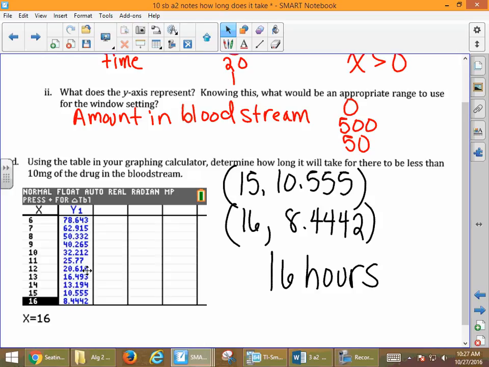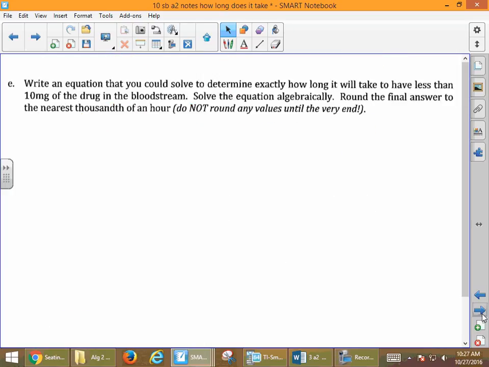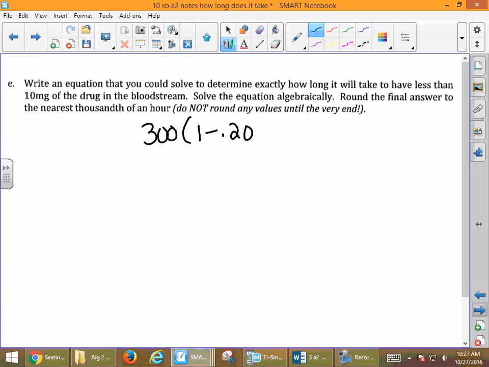But as we finish this here, it says write an equation that you could solve to determine exactly how long it will take to have less than 10 milligrams of the drug in our bloodstream. So once again, if we think about our function, we had the 300 times the 1 minus 0.2 to the t.